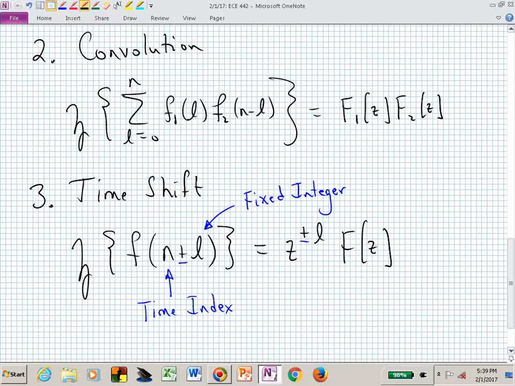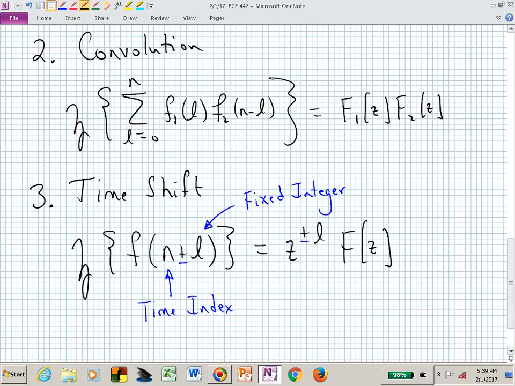You can think of little f of n as some shifted sequence of values. Maybe it's a delayed amount where we would then have little f of n minus 2. We've Z-transformed that before. That's now z to the minus 2 times the Z-transform of little f of n.